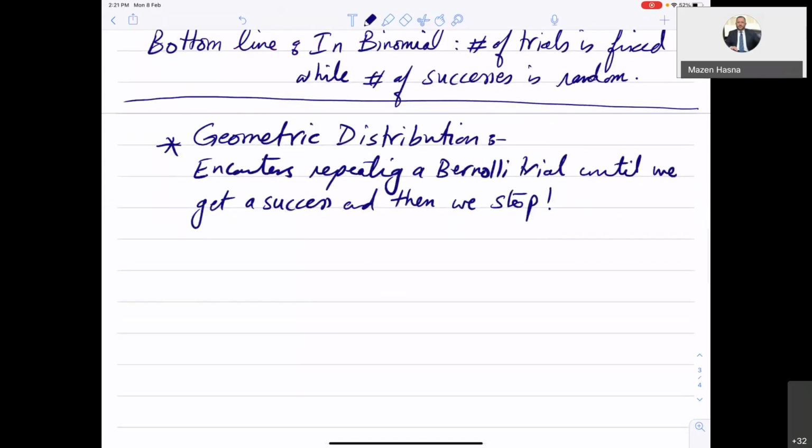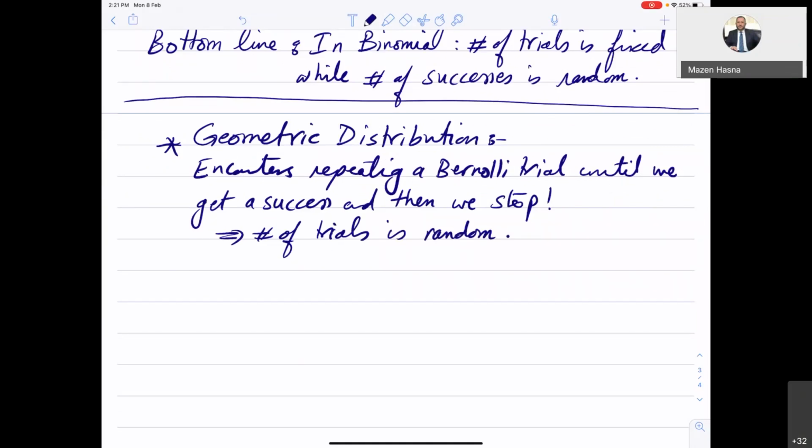So in geometric distribution, the number of trials, is it fixed or random? The times that we repeat the experiment, is it fixed here or is it random? It's random, right? Because we don't know in advance how many times I need to repeat the experiment to get the success, because success is a random thing in each trial.